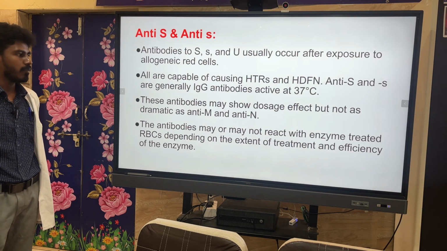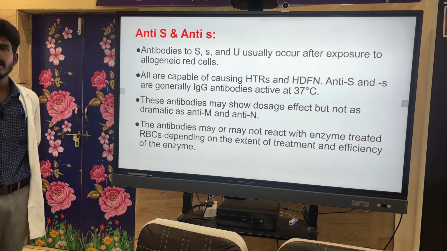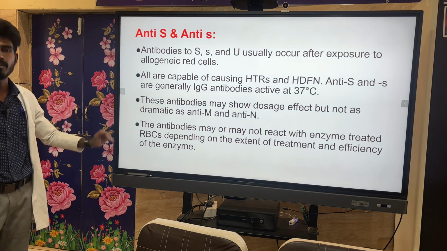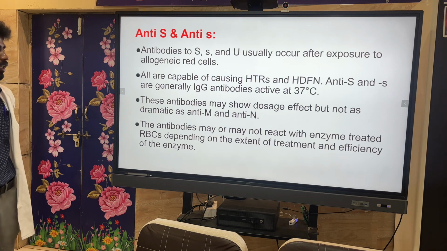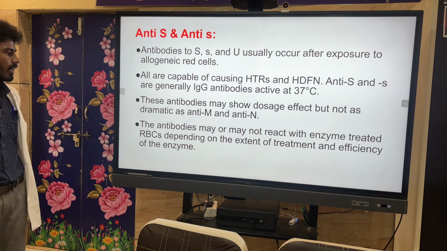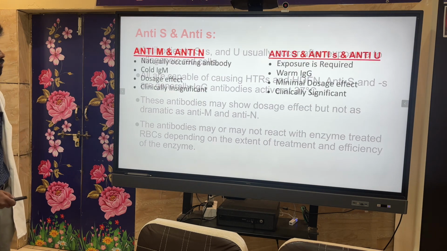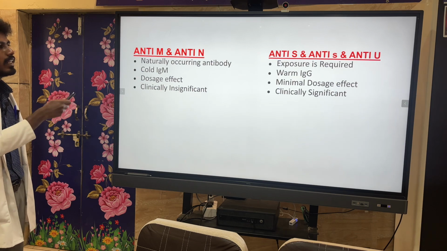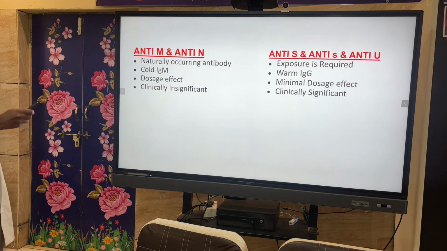These antibodies may show dosage effect, but compared with anti-M and anti-N, the dosage effect is minimal. The antibodies may not react with enzyme treated RBCs depending on the extent of treatment and the efficiency of the enzyme.